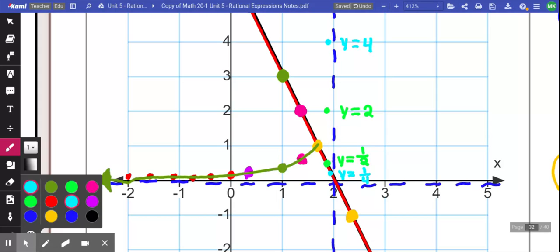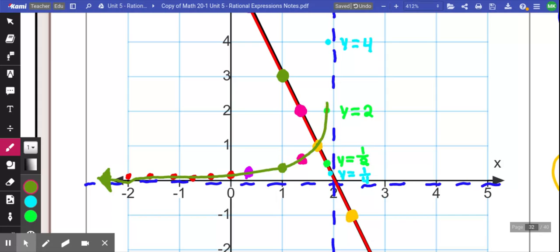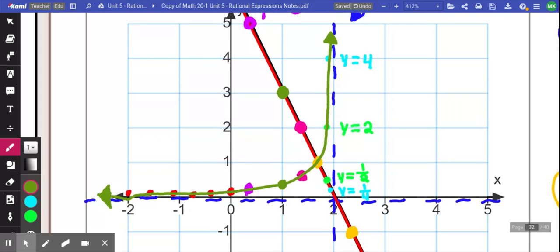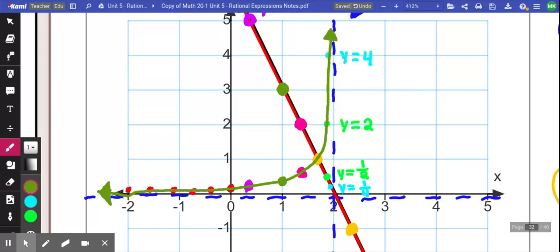And you'll notice that this green line that I'm drawing will actually continue its way up too. And it'll get really close to that asymptote, but again, it will never actually reach that point. The reason it'll never reach that dotted line is because I don't have a dot right here that can reciprocate.